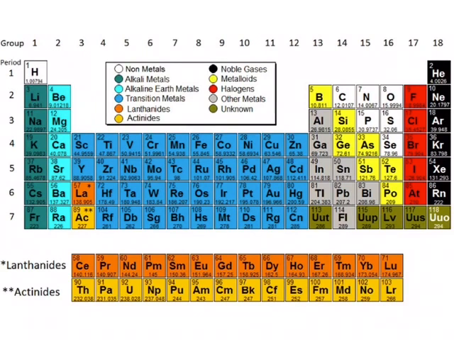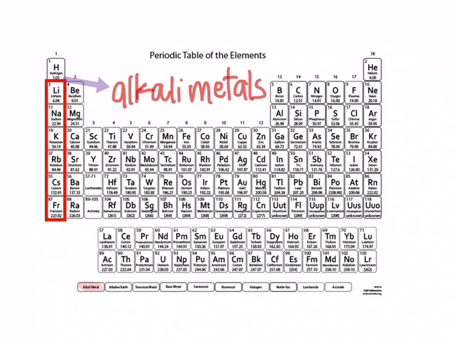You can see in this periodic table that the different families have been colored similarly, so every different color is a different family of elements, which you can see the key for right here. You might remember from last time that the elements that are on the left side of the periodic table, with the exception of hydrogen, are the metals.